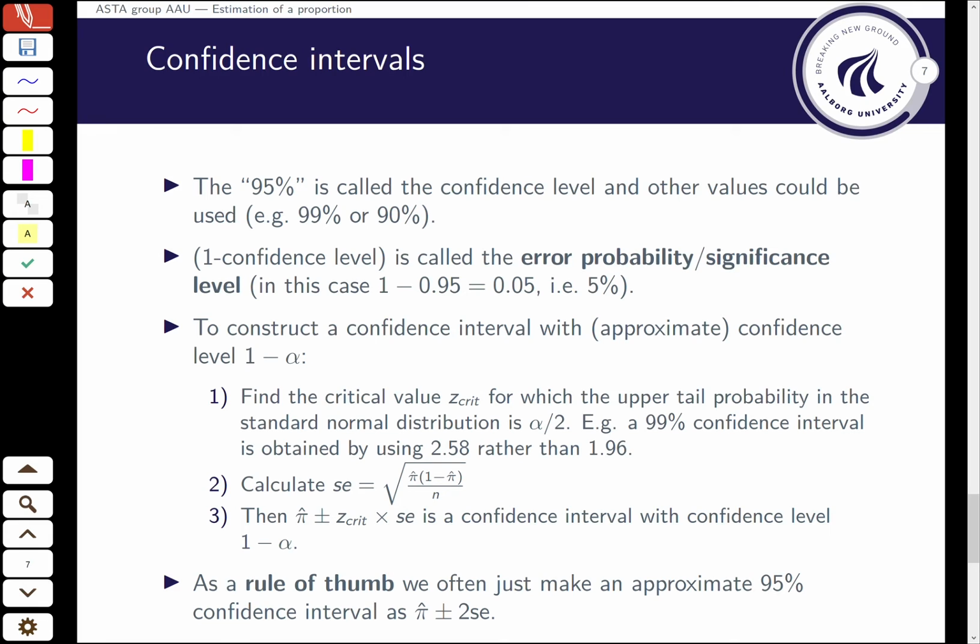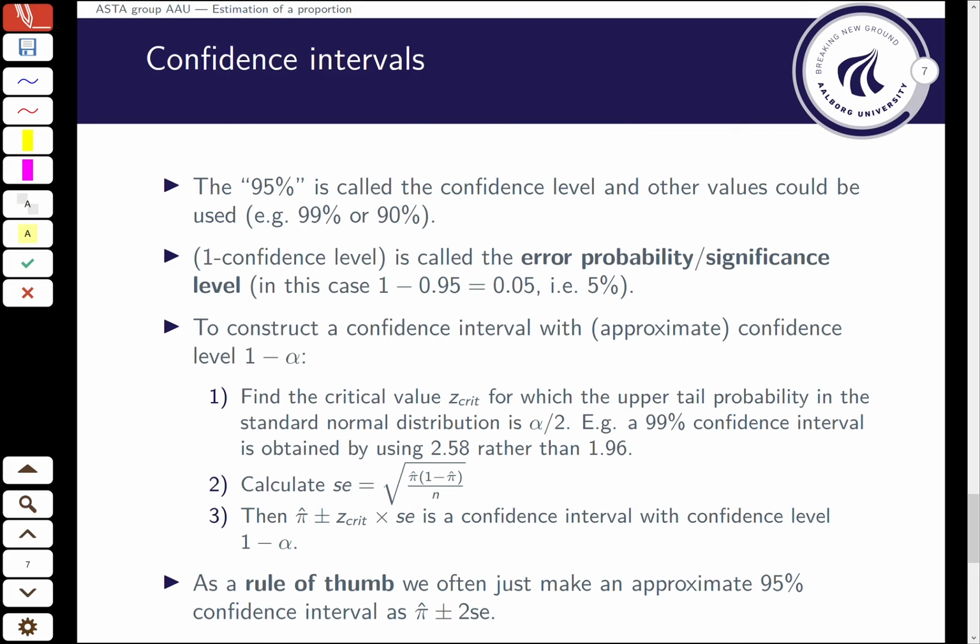So let's say we want an error probability of 1%, which corresponds to a confidence level of 99%. Well, then we just need to take the 1% error probability and divide it by 2, because there's an error both to the left and the right.